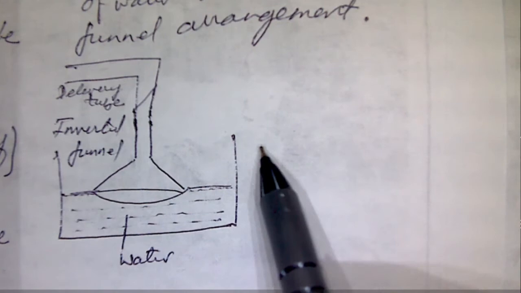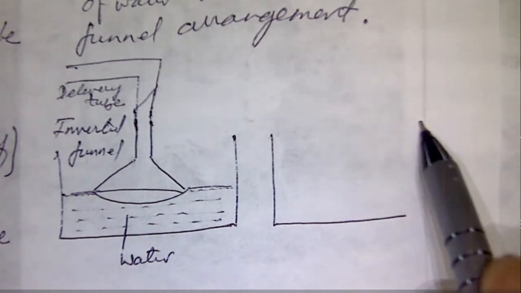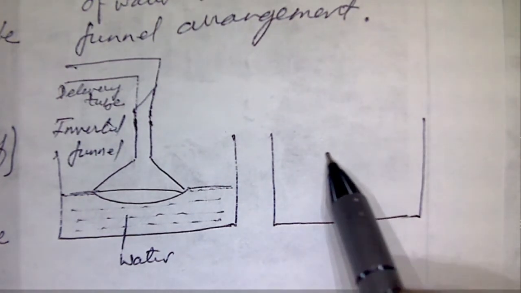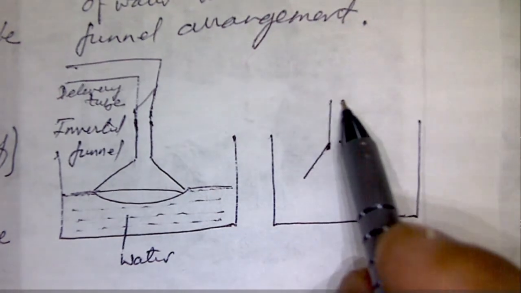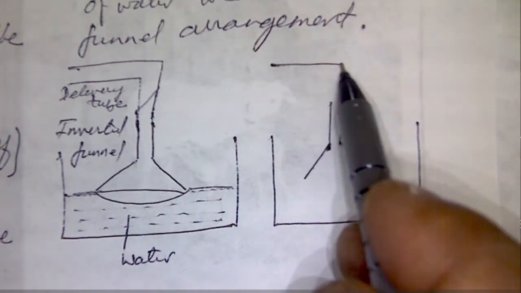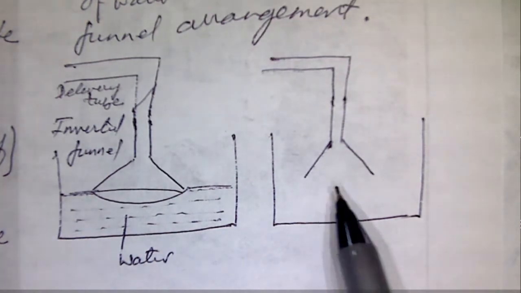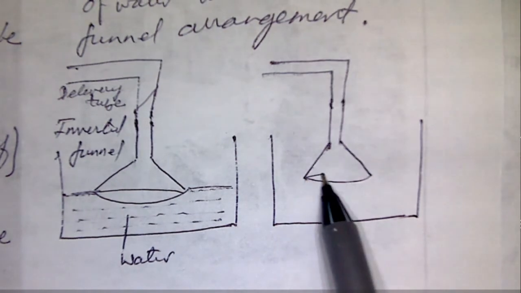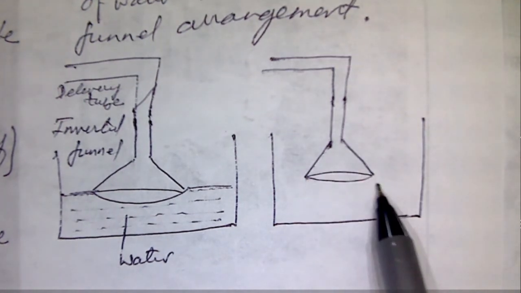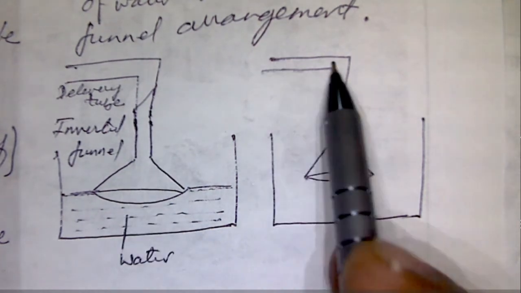Clear? Now look here. If a vacuum is created, how will it be created and what will happen? This is a funnel as usual. This funnel was touching the rim of water, and since HCl gas is coming from here, a partial vacuum is created.